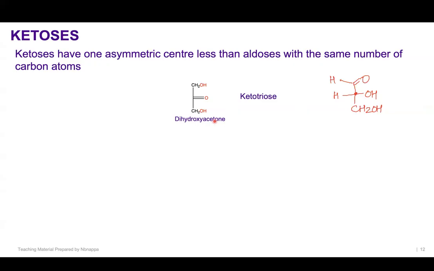Now, the simplest keto triose, or the building block, is dihydroxyacetone. So first we can write acetone, which is CH3 and CH3. Once again, it's not the very correct way of representing acetone, but it's easy to write and understand. So this has the carbonyl functional group here.